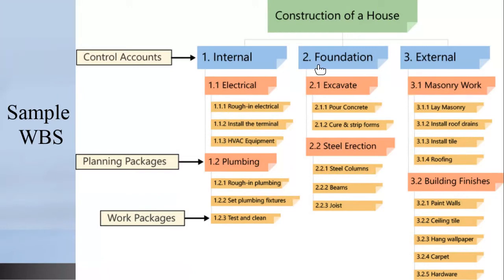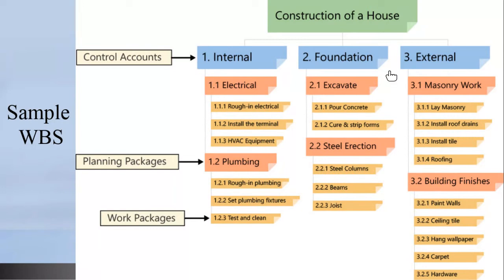When you add these three together, internal, foundation, and external, when you add their total cost for delivering these three deliverables, you must get the total construction cost of the house. So again, your WBS helps you to structure everything in such a way that even the financial/accounting component of your project, you can manage well.